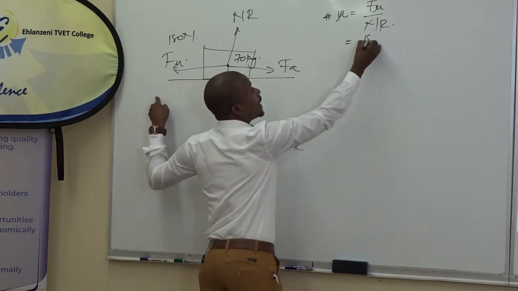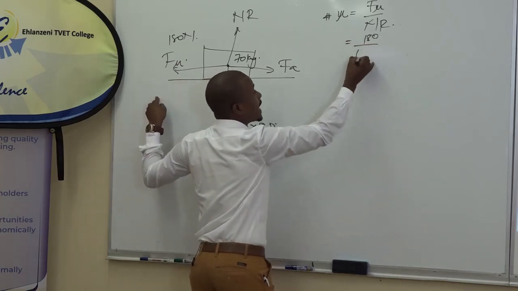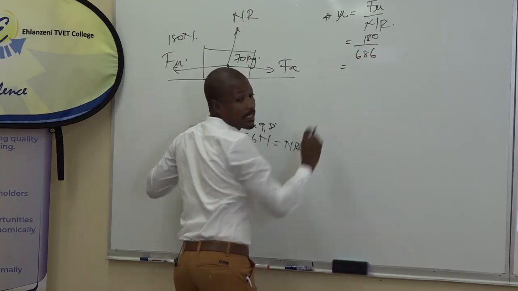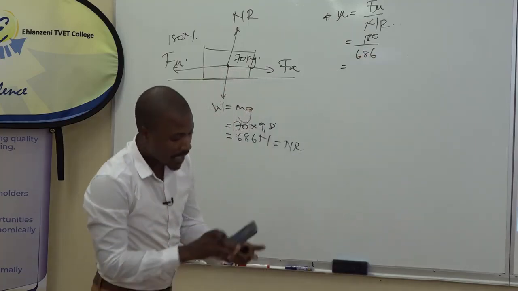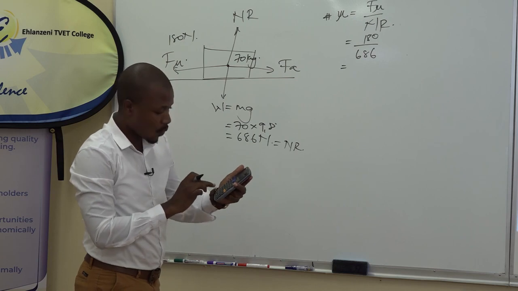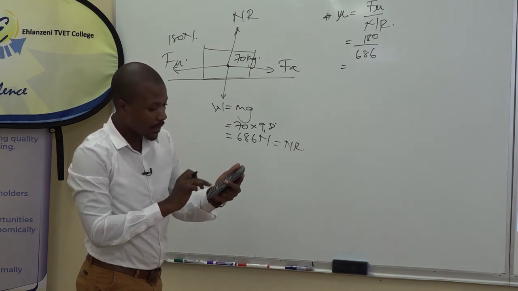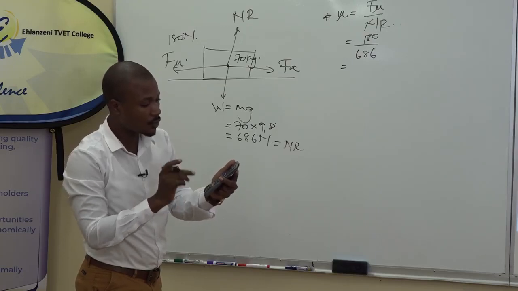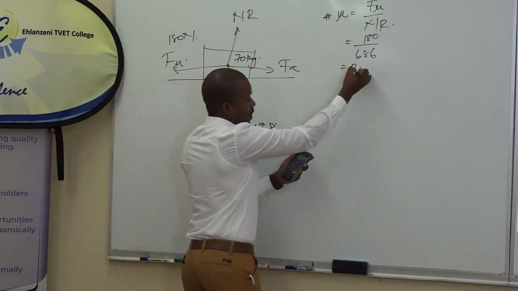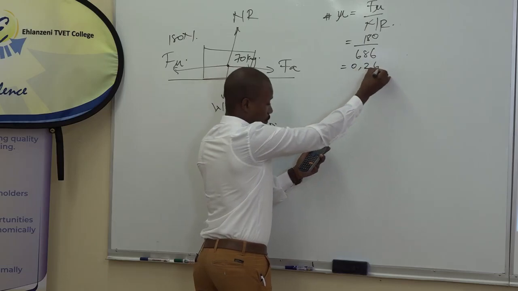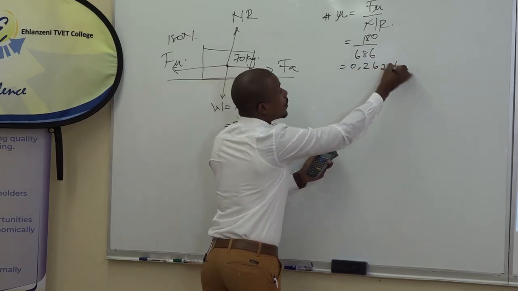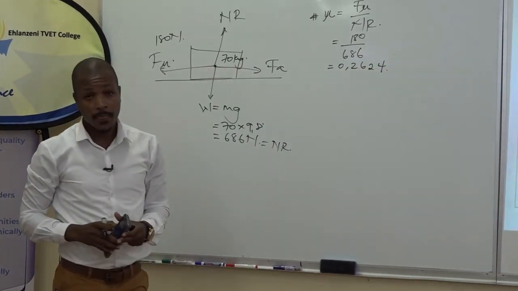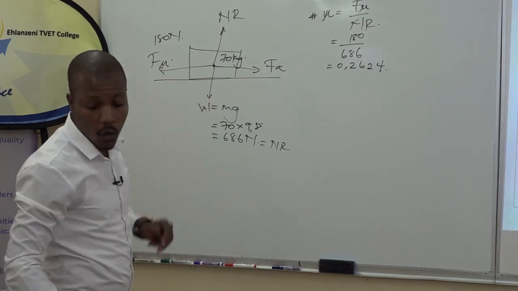We have 180 divided by 686. And then if we punch that in a calculator, 180 divided by 686, this should give us 0.2624. That is the value of our coefficient of friction.